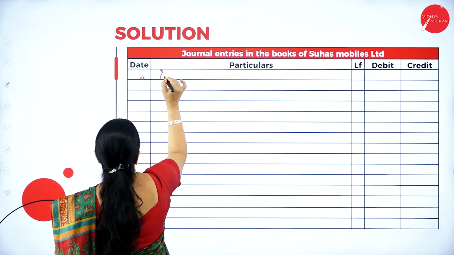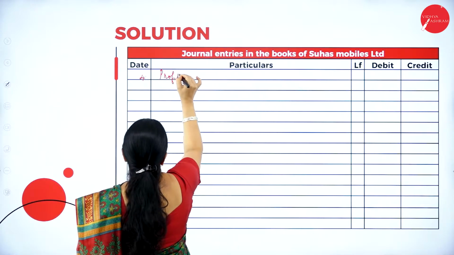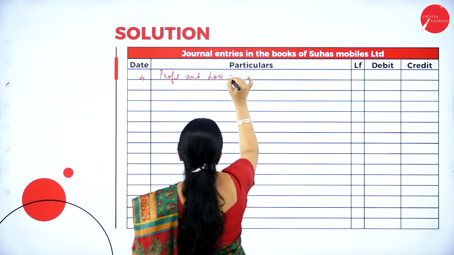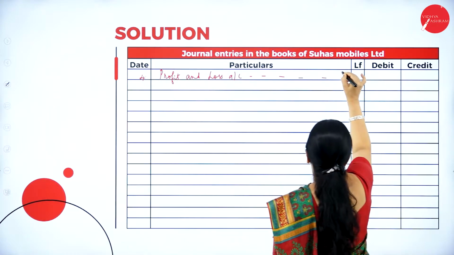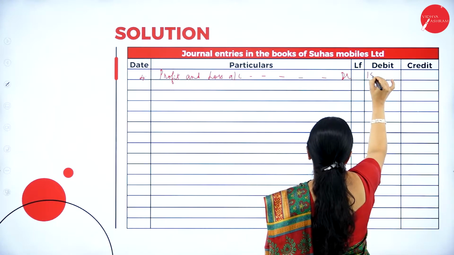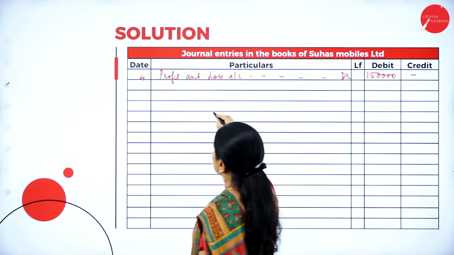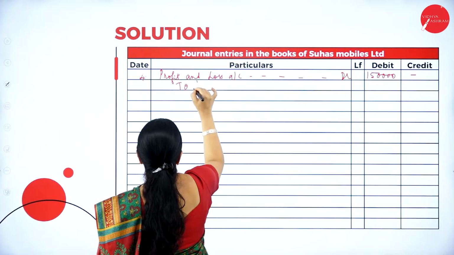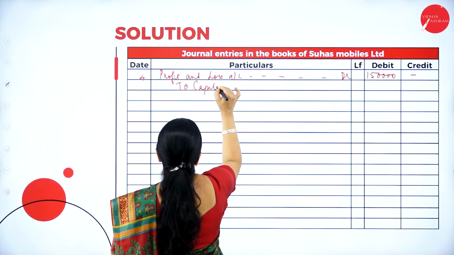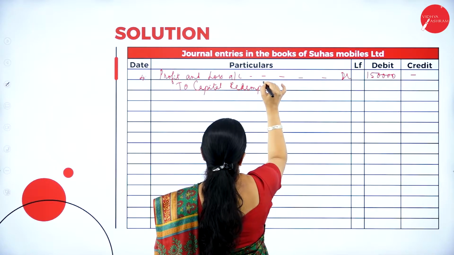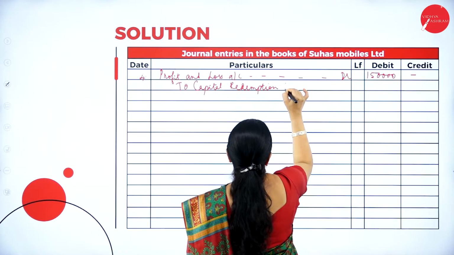So profit and loss account debtor 1,50,000 to capital redemption reserve account.